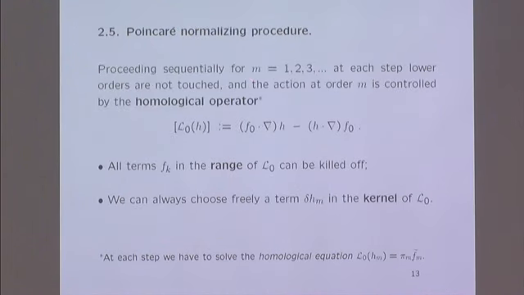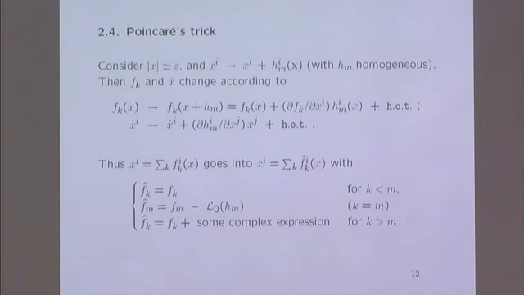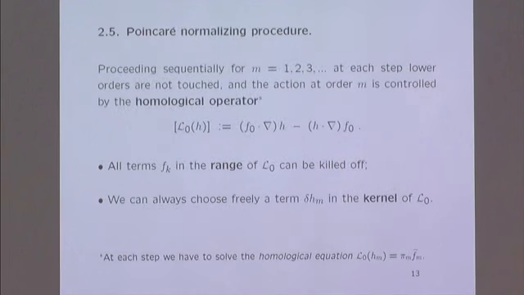And what happens at the order of the change of variables is that this changes as the gradient of h along the flow of the linear part minus the gradient of the linear part along the flow of h. So, if this is the linear operator acting here, which tells you what is the new term, then everything which is in the range of this linear operator can be killed.